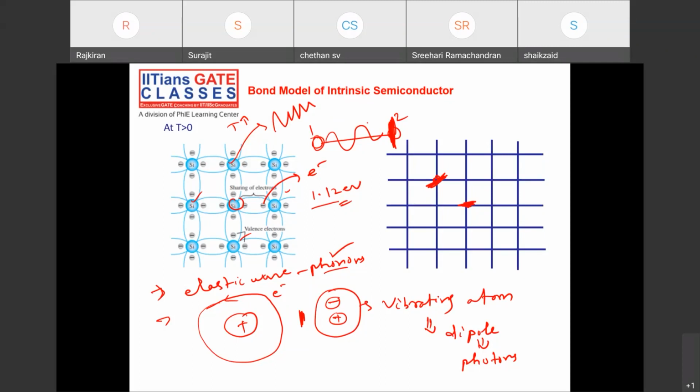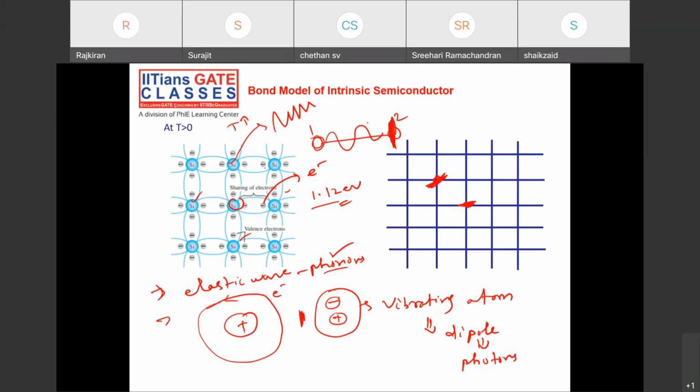Sir, I was just thinking, when you said a vibrating atom is like a dipole and it gives photons, does that mean a photon is liberated every time? Yeah, it is liberated constantly.